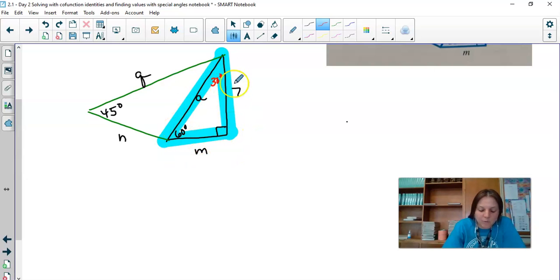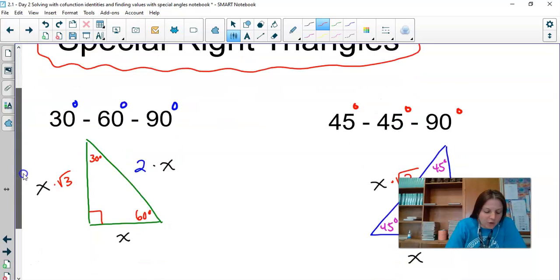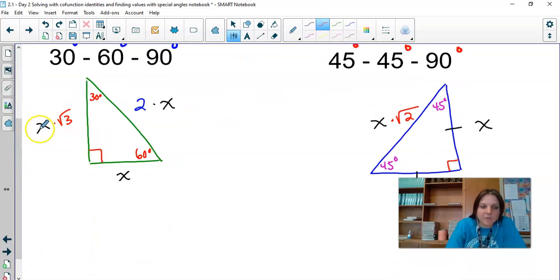Okay, so what I'm looking for is this backside length over here, not the shortest, not the hypotenuse, that other side, and it equals 7. If you look at our chart over here, that backside of the triangle, not the shortest, not the hypotenuse, is X times the square root of 3.